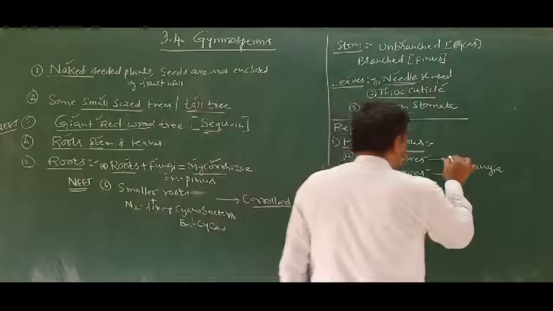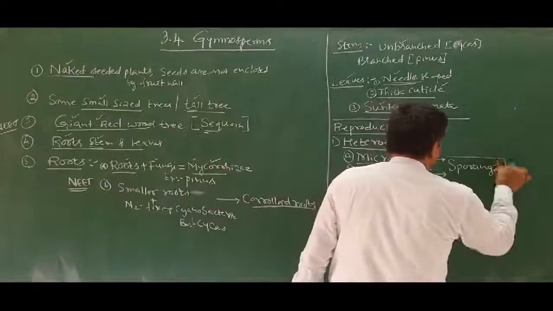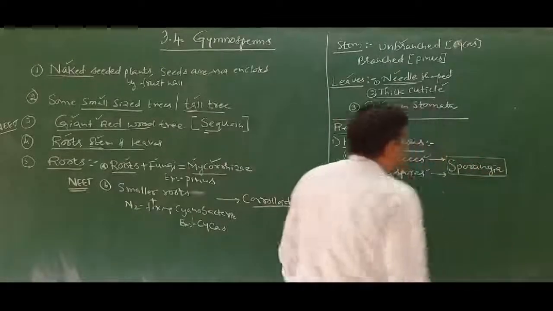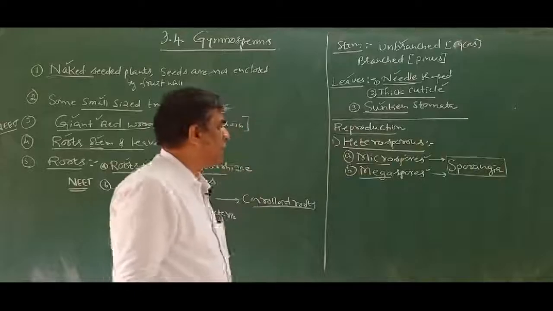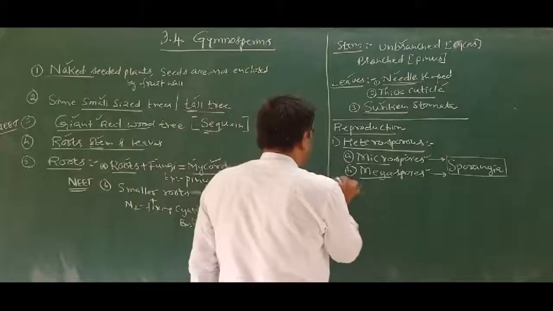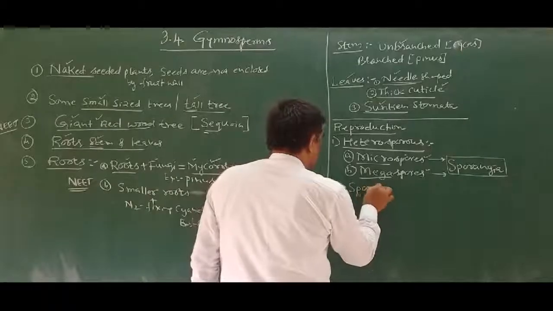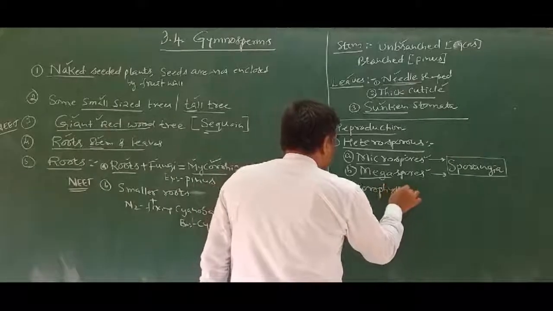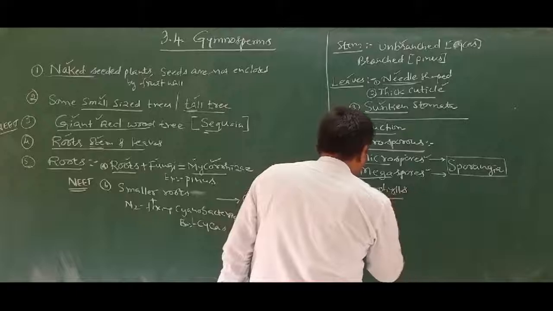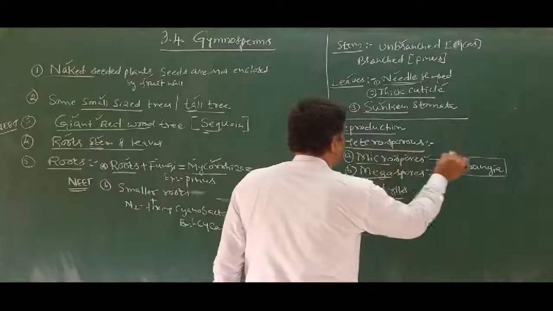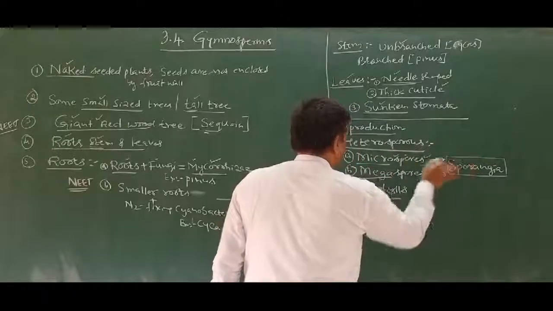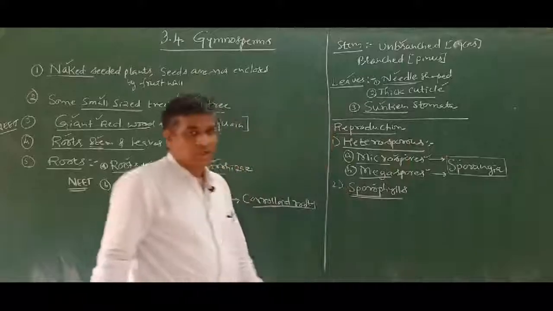Sporangia are bag-shaped structures in which the spores are developed. These sporangia are developed on leaves or leaf-like structures known as sporophylls. What are these sporophylls? The spores are developed in sporangia, and the sporangia develop on leaves called sporophylls.